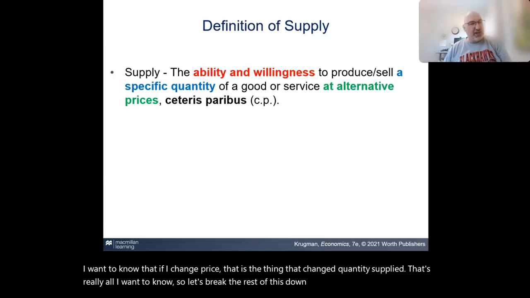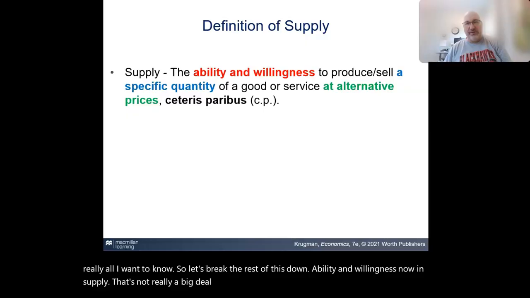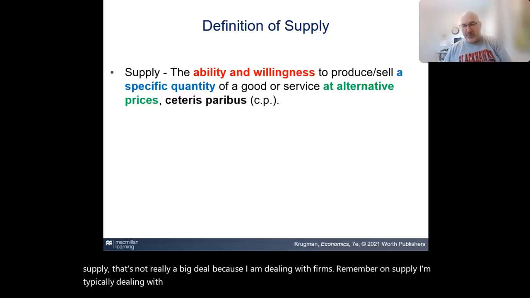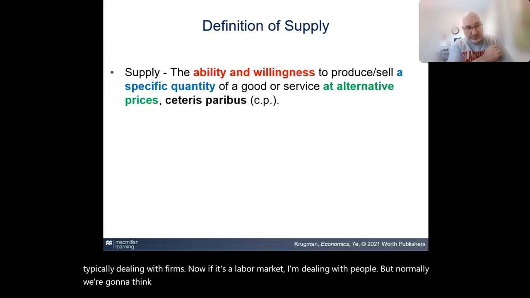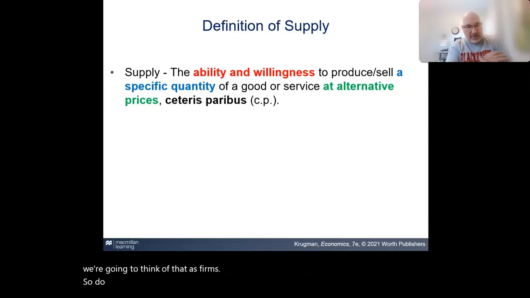Ability and willingness. In supply, that's not really a big deal because I am dealing with firms. Remember, on supply, I'm typically dealing with firms. If it's a labor market, I'm dealing with people, but normally we're going to think of that as firms. So, do you have the ability? Can you produce a good? And do you want to produce a good?